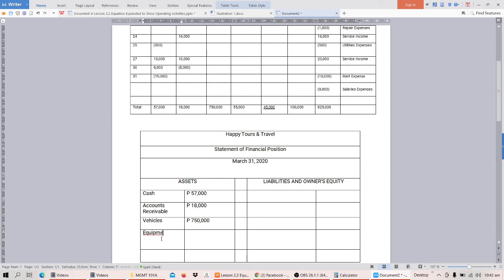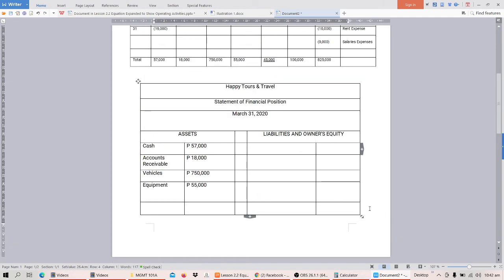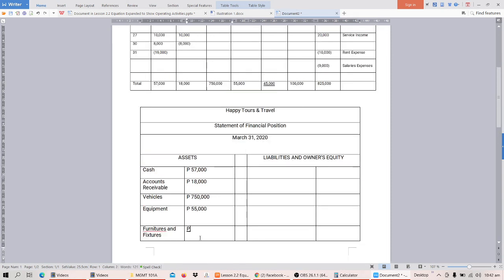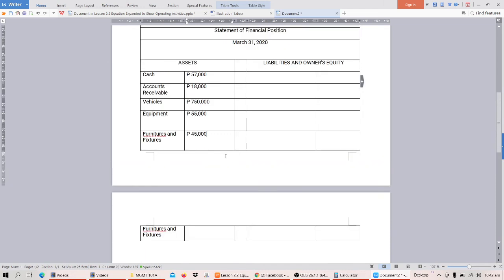Equipment 55,000. Furnitures and fixtures amount to 45,000 pesos. Oh, sorry. Fixtures 45. Okay.